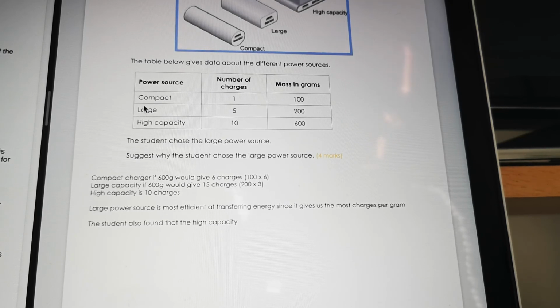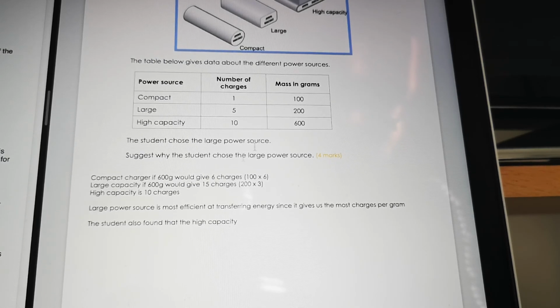So that is one reason why the student would choose that. So you can state it gives you the most charges per 100 grams or 200 grams or 600 grams, whichever you choose. It doesn't matter so long as you turn them all into the same mass before you compare it.